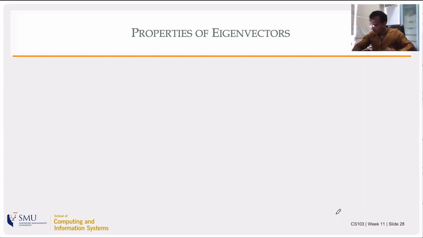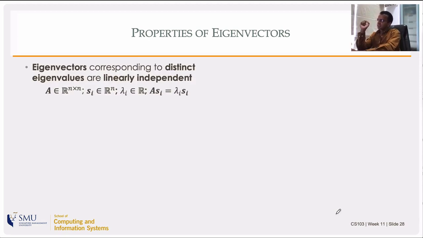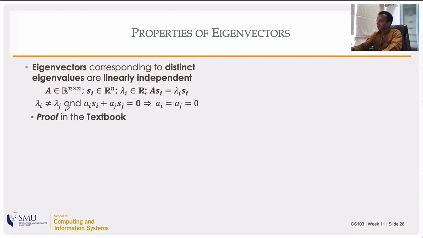Now let me tell you the properties of eigenvectors. This is an interesting property. Eigenvectors corresponding to distinct eigenvalues are linearly independent. That means if you have a square matrix A, and you have some eigenvectors, and if I have two eigenvalues lambda sub I and lambda sub j, then if lambda sub I is not equal to lambda sub j, that means Si and Sj are going to be linearly independent.